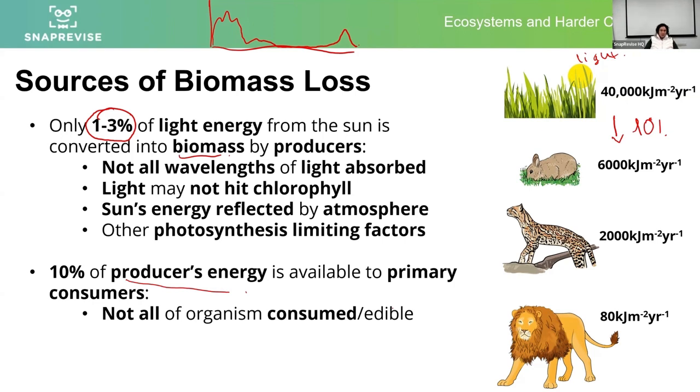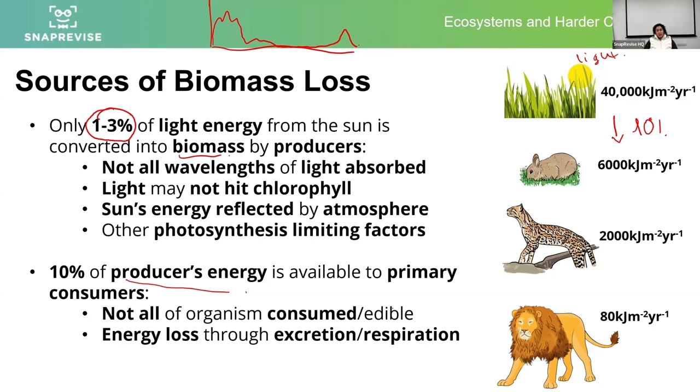We know that we don't eat the entire plant most of the time. Also, consumers lose energy through excretion and respiration. Excretion includes feces and urine together; they're called excretions.